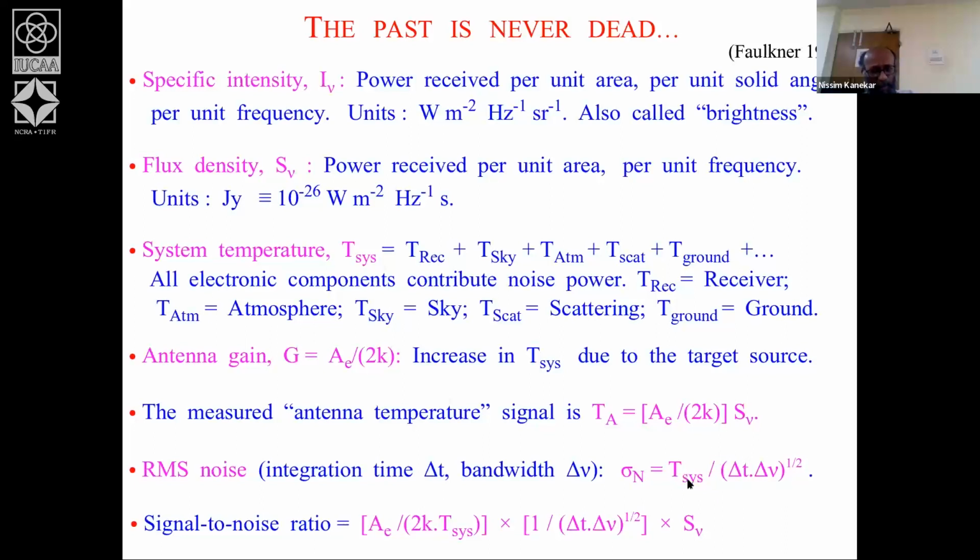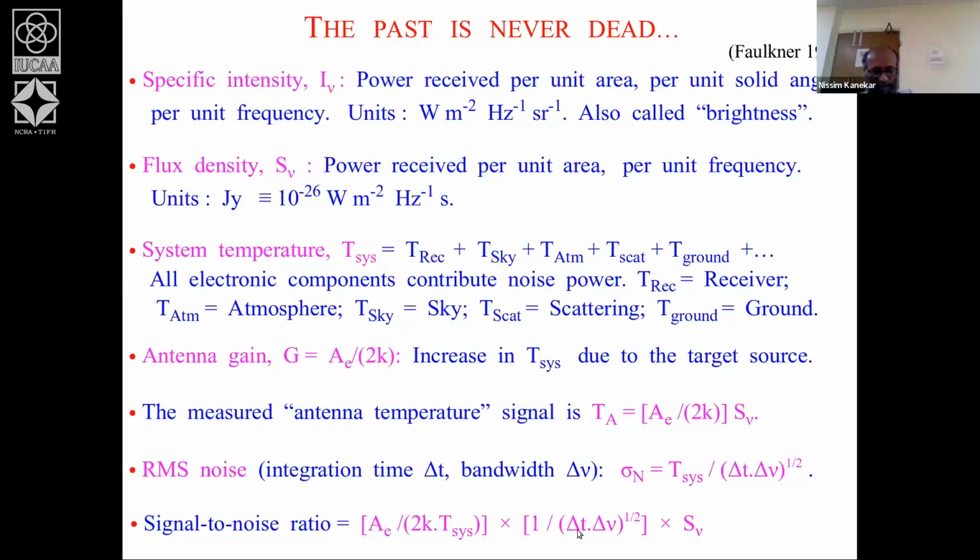A square root of 2 times T sys is the noise on one of those samples. And so the signal to noise ratio is simply the ratio of this signal to this noise, which is AE upon 2K T sys. So this describes the antenna itself, AE upon T sys, multiplied by 1 upon delta t delta nu to the power half. This describes the observations, if you like.